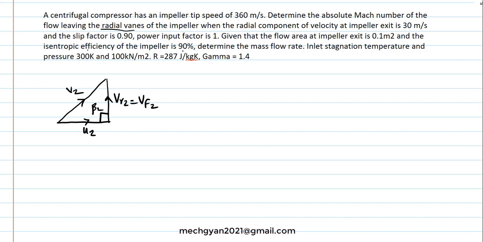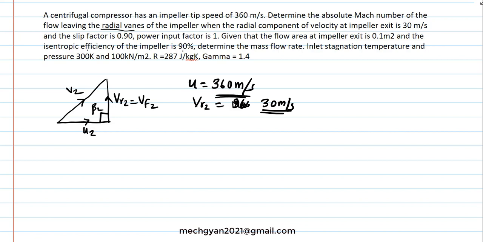The impeller has a tip speed of 360 meter per second. So we have given U equal to 360 meter per second, and the radial component of velocity at impeller exit, VR2, is 30 meter per second.